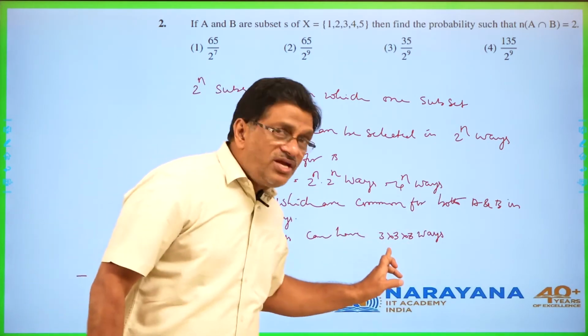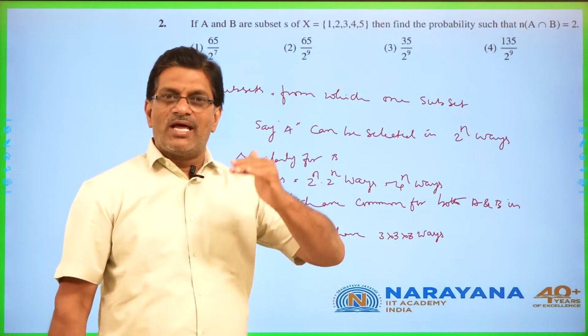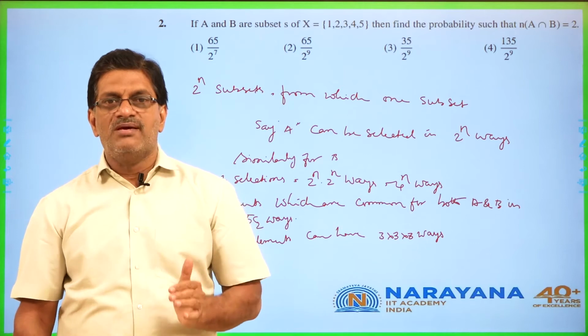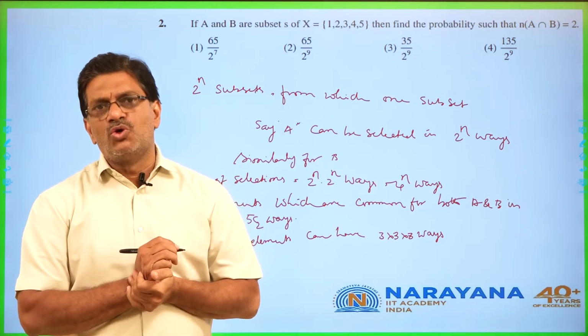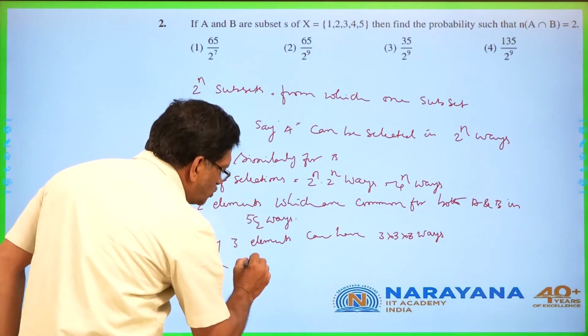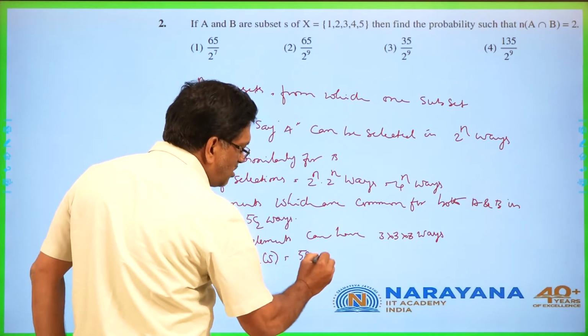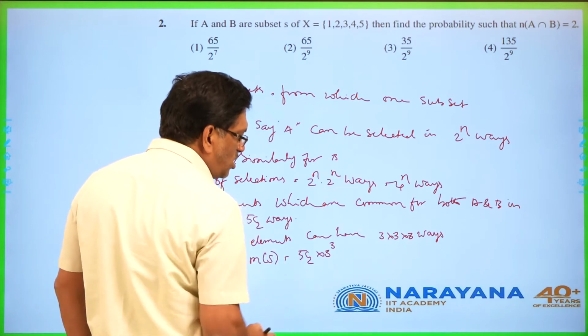Remember why 3: each element you can drop in set A, or in set B, or completely exclude. So this gives you the number of favorable ways, that is 5C2 into 3 cube.